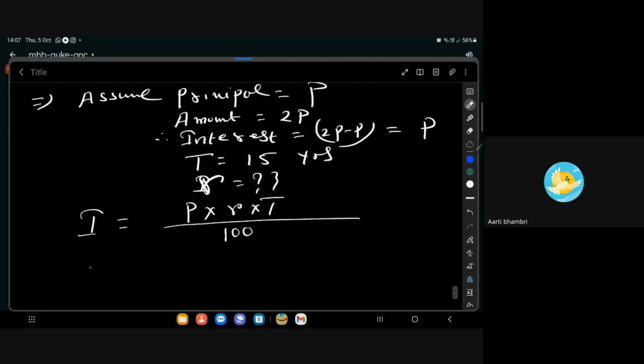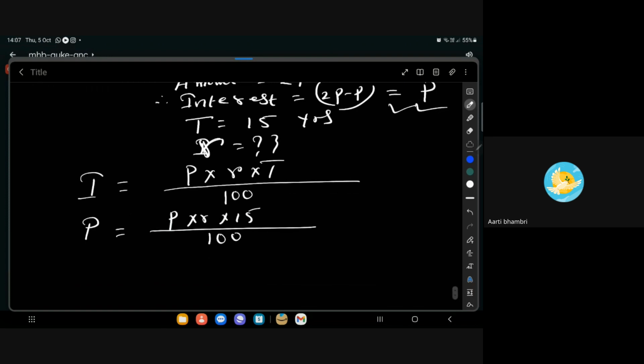Now you know I is equal to P. If the amount is getting doubled, then obviously 2P minus P is equal to P. Now this is also P. R you have to find out. 15 already T is there. Only 100, put 100 here.